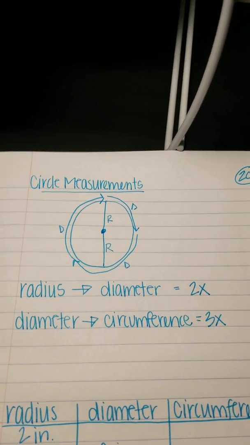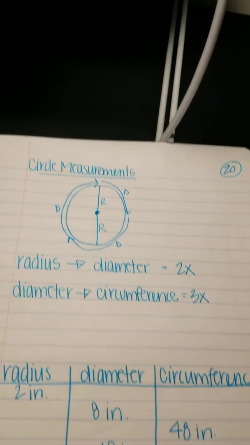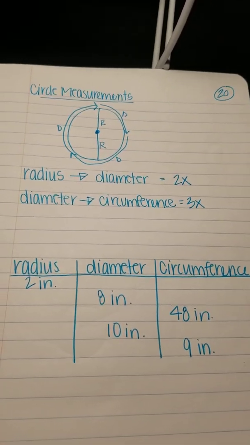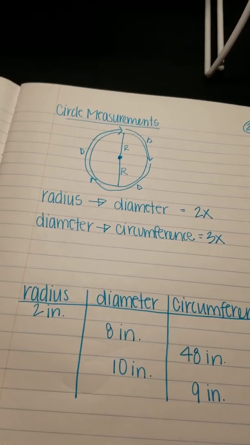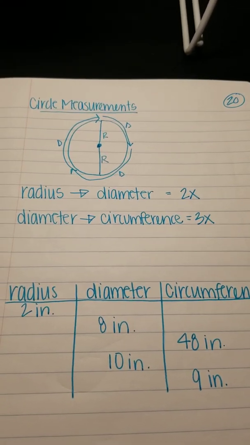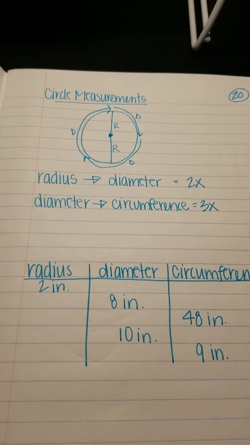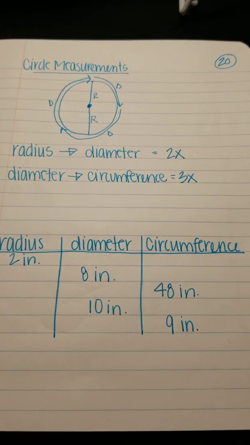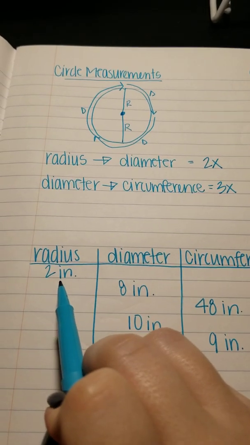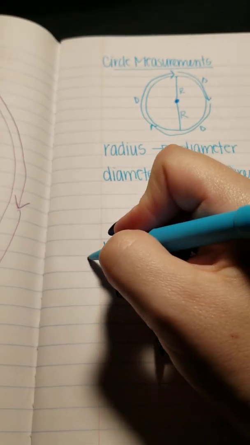All right, so I made a little chart and we have to fill it in. This is not hard. It might take a little minute, but it's not hard. So start over here.